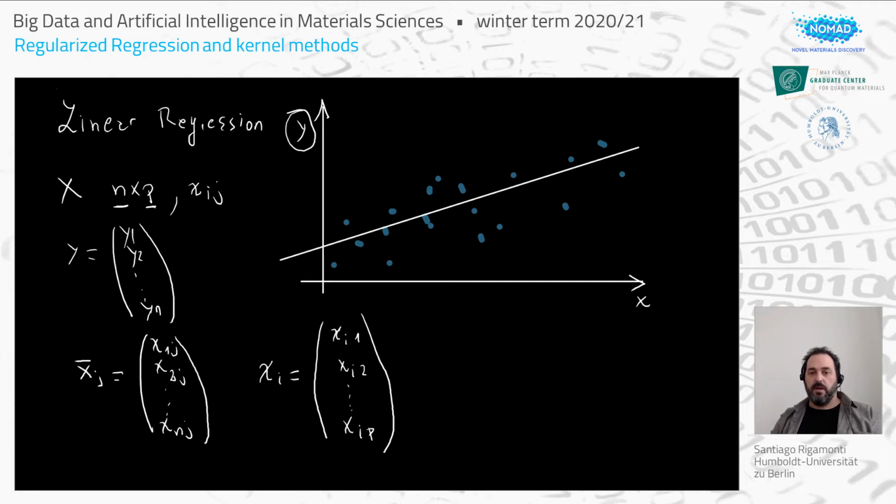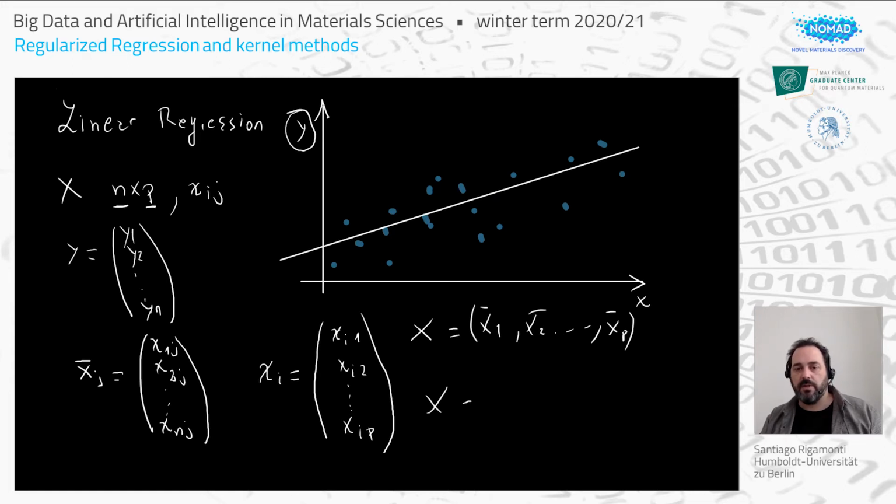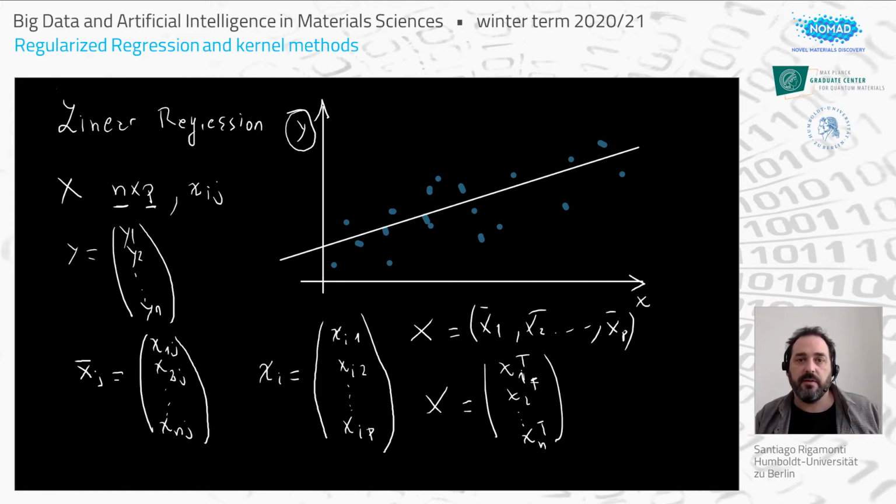You can actually write the matrix as a collection of columns, x1, x2, up to xp, or as a collection of rows using these variables here that we have to transpose, row 1, row 2, until row n, all of them transposed. Okay, that's enough for notation for starting.